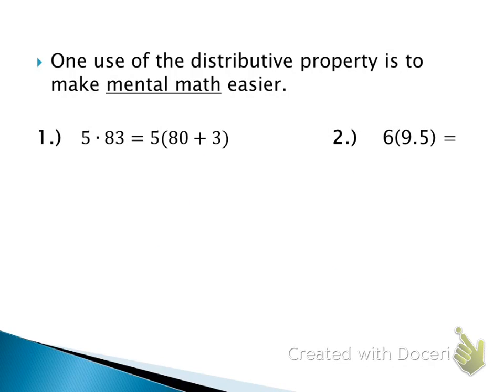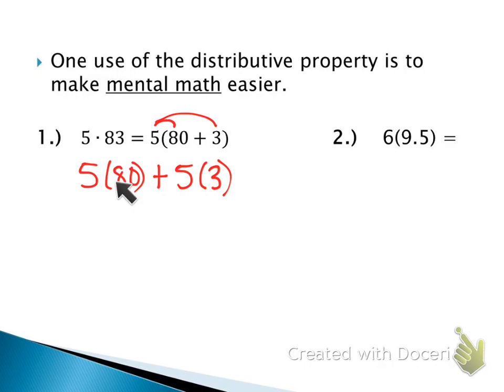One use of the distributive property is to make mental math easier. So instead of having to take 5 times 83, we can take 5 times the quantity 80 plus 3. 80 plus 3 is the same as 83, so these are equal to each other. So when I distribute here, I'm taking 5 times 80 plus 5 times 3.